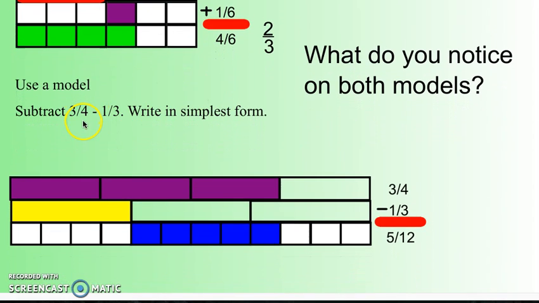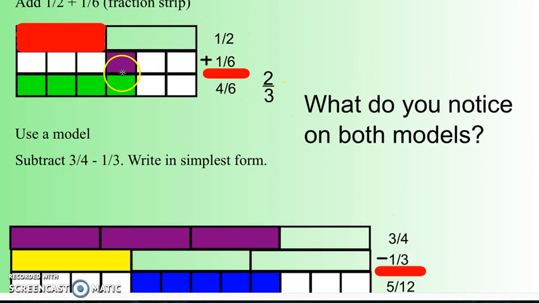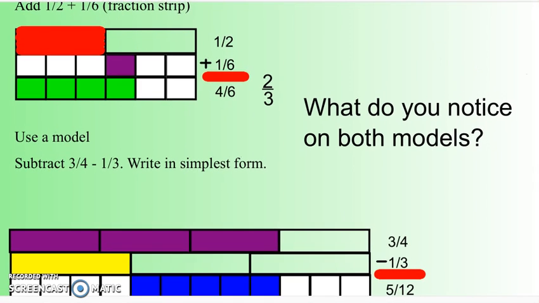Okay, this model also shows when we have fractions that are uncommon denominators. Okay, and notice the difference up here. We started off with 2 equal parts because that was our denominator for the first fraction.